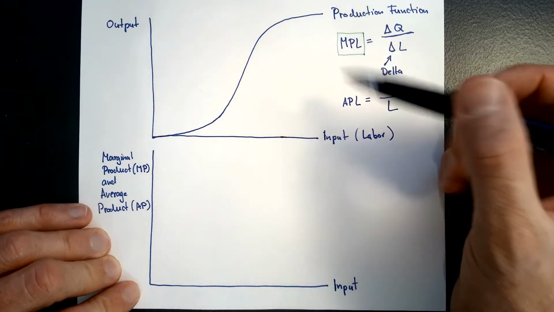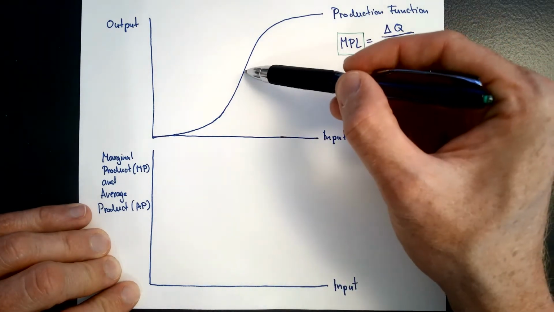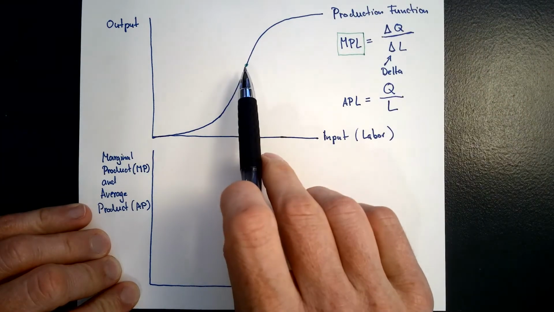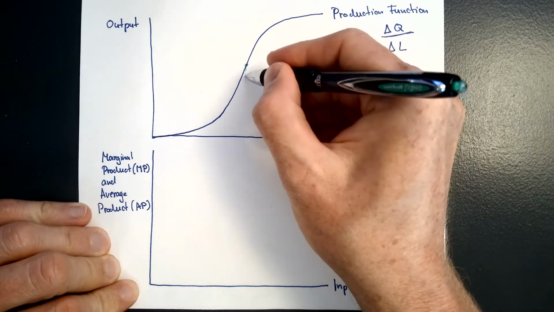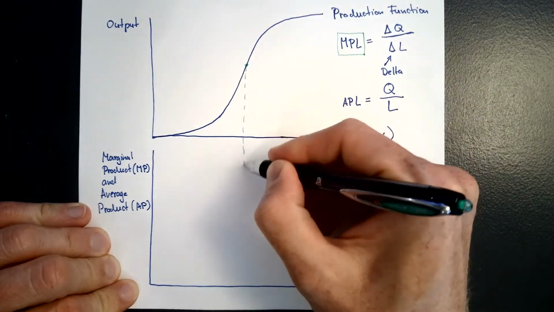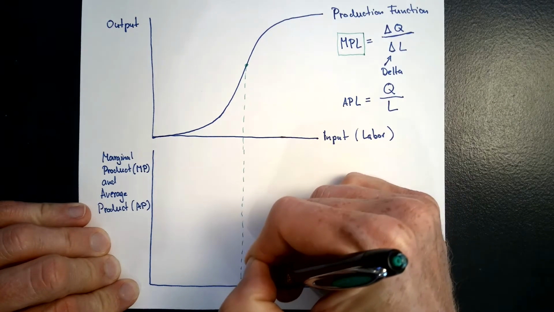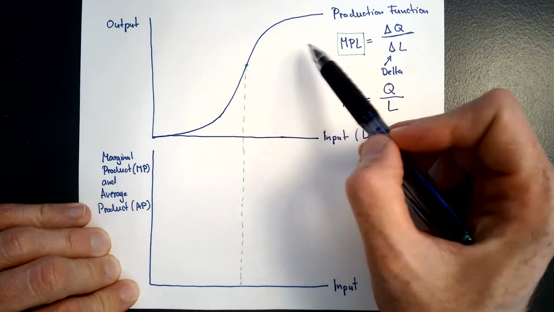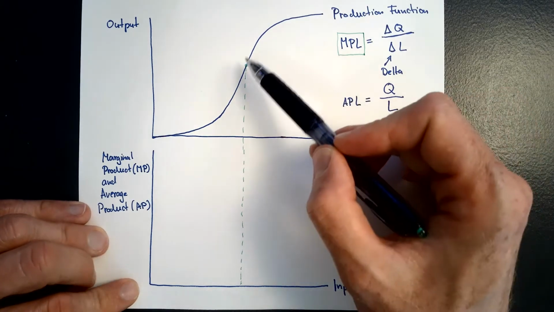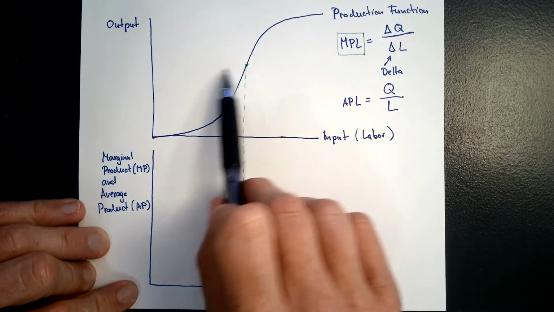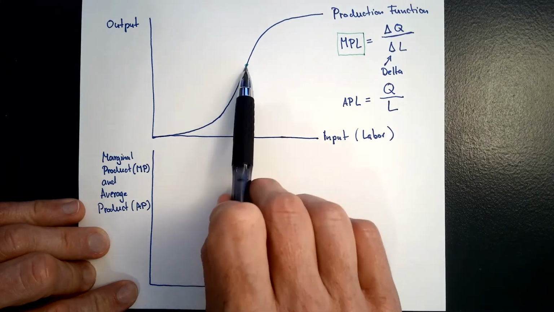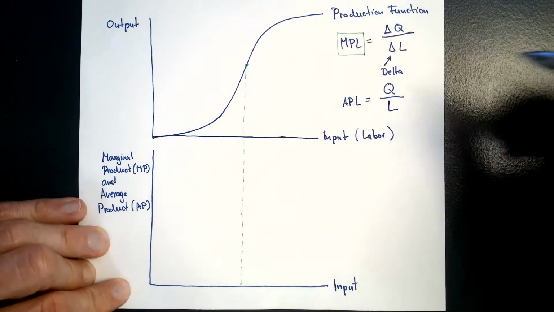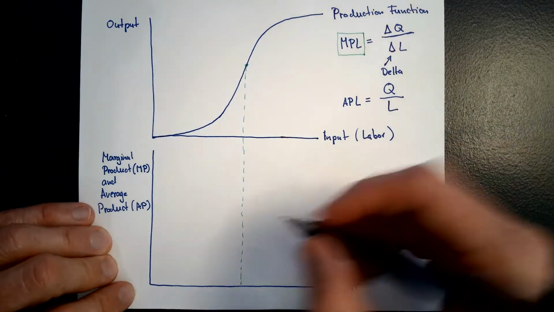So we said before that at this point here the slope is steepest. And there is no other point on the production function where the slope is steeper than here. So here the marginal product to the right is lower than at this point, and the marginal product to the left is lower than at this point here. So what this means is at this point the marginal product of labor is highest.